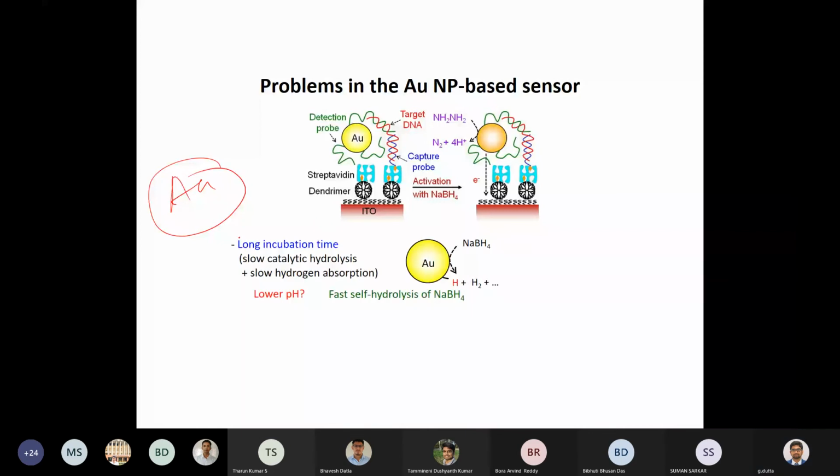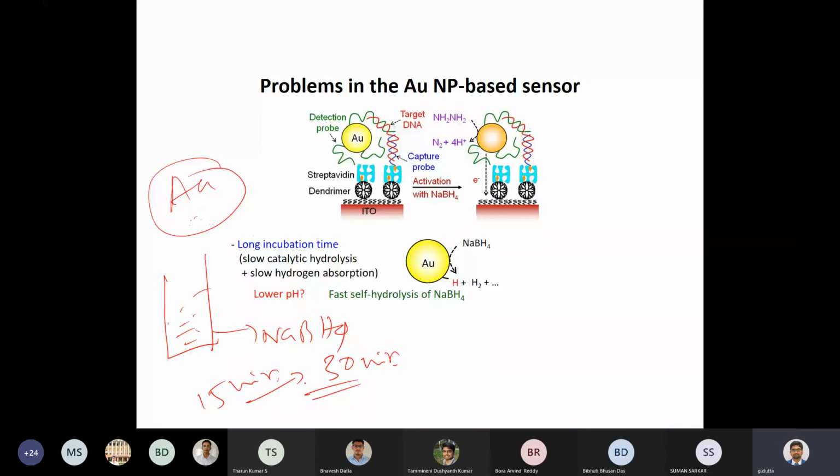First reason, we need to incubate this nanomaterial in the sodium borohydride solution for around 15 minutes or longer, maybe 30 minutes. But for biosensors, it is quite long. So one problem, we need to activate it for a longer time.